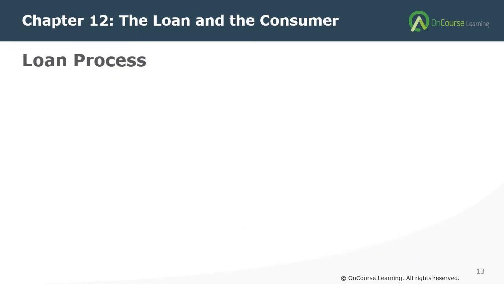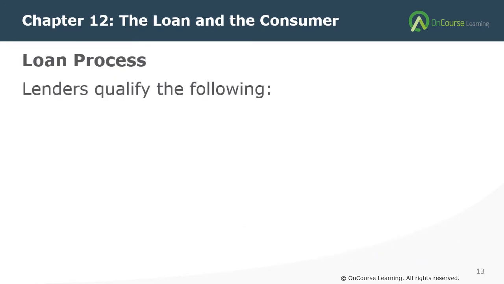And when it comes to the loan process, lenders must qualify the following in order to make a loan. They have to qualify the borrower. Can the borrower pay back the loan? They must qualify the property. After all, the property is serving as the collateral for that loan.